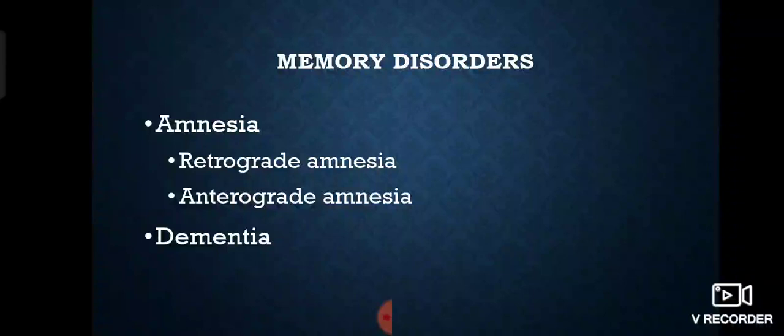Anterograde amnesia, on the other hand, refers to the inability to remember information or experiences after an accident that caused the brain damage or the traumatic experience. Pero in anterograde amnesia, learned information and experiences before the accident or the traumatic experiences can be remembered.